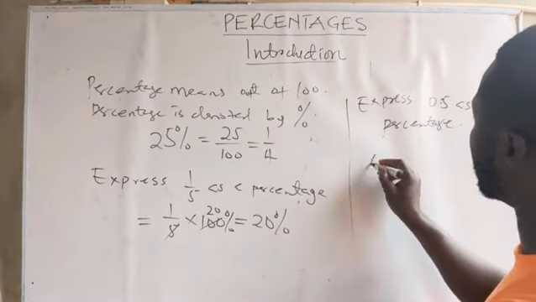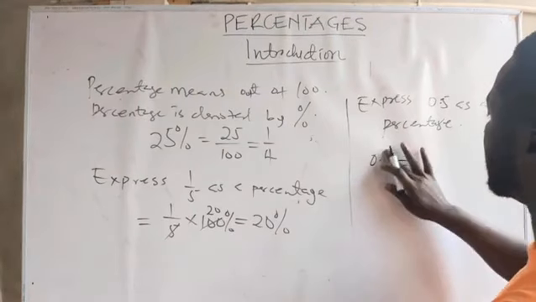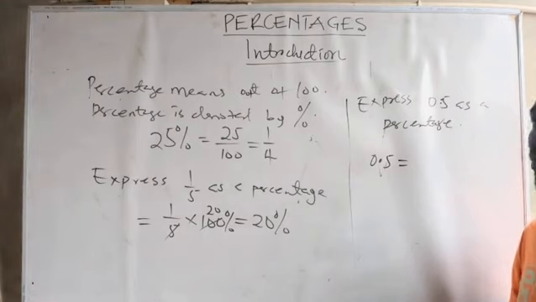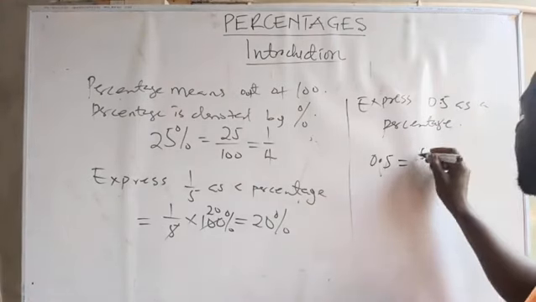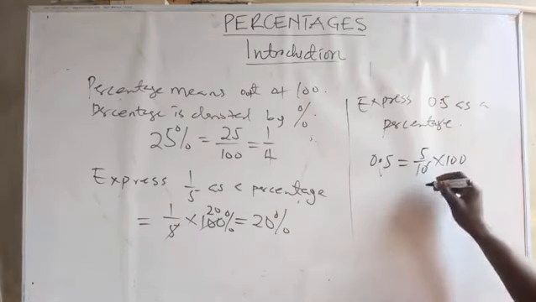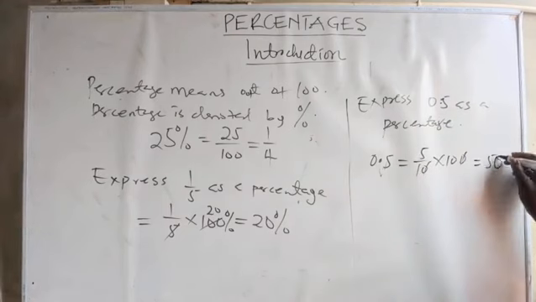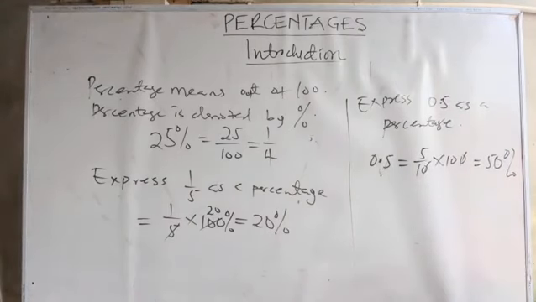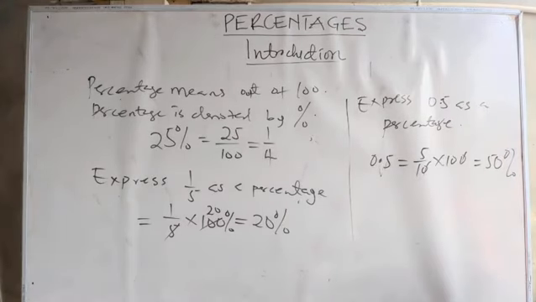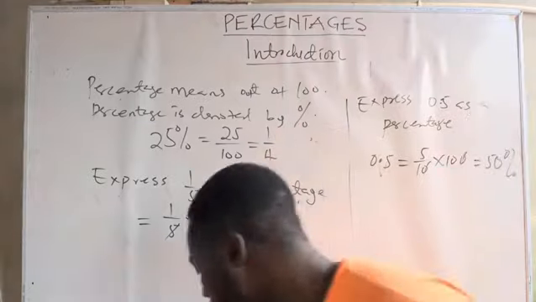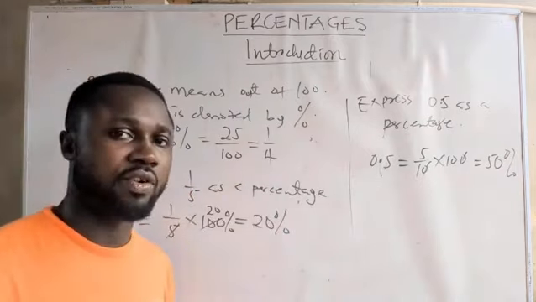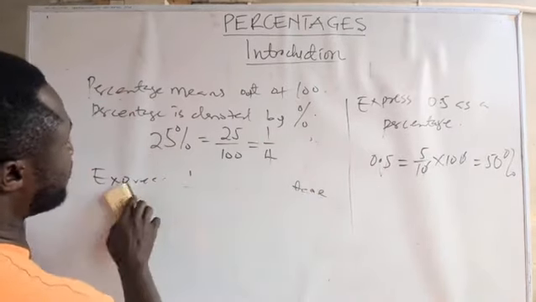The easiest way is that 0.5 can be expressed as a fraction. So 0.5 is the same as 5 over 10. Then you multiply by 100, and that will give us 50%. So 0.5 as a decimal in terms of percentage is 50%. So we have learned how you express a decimal or a fraction in terms of percentage.